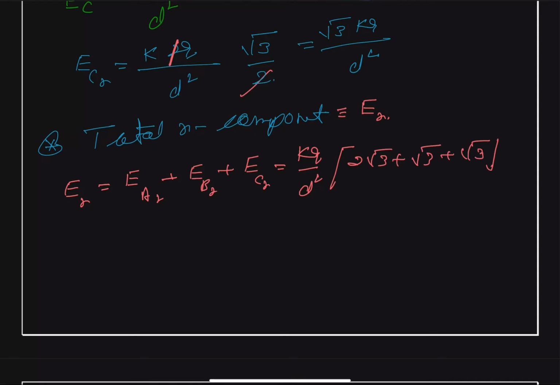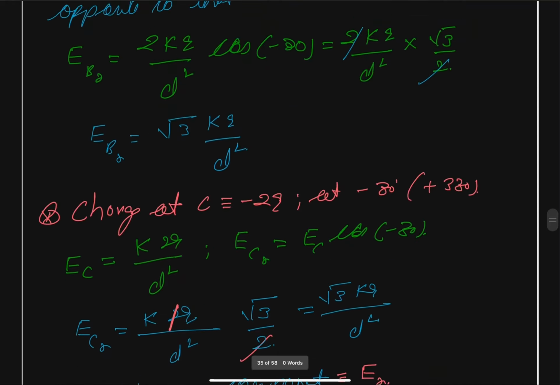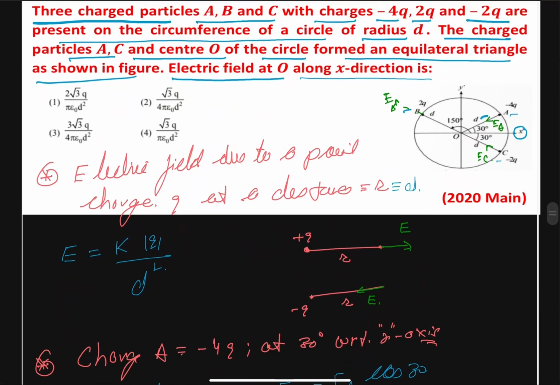So this gives us 4 root 3 kq upon d square. So this is the net electric field in x direction. Okay, let's substitute the value of k, sorry.